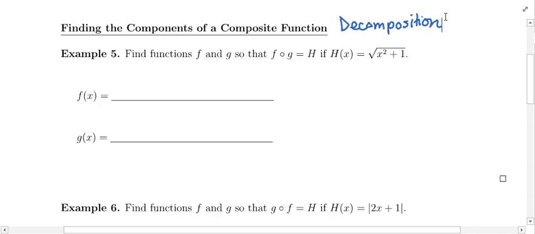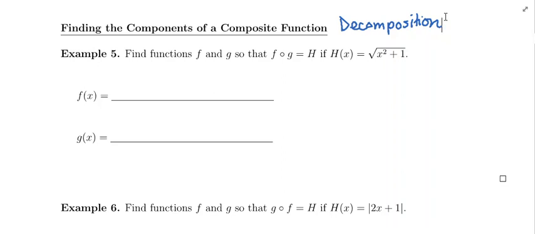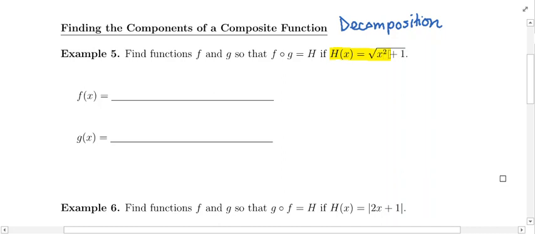Watch how easy. Let's look at example 5. Find the functions f and g so that if you do the composition f of g, which we're calling function h, h is the square root of x squared plus 1. Let me explain this to you. h of x is the composite function.